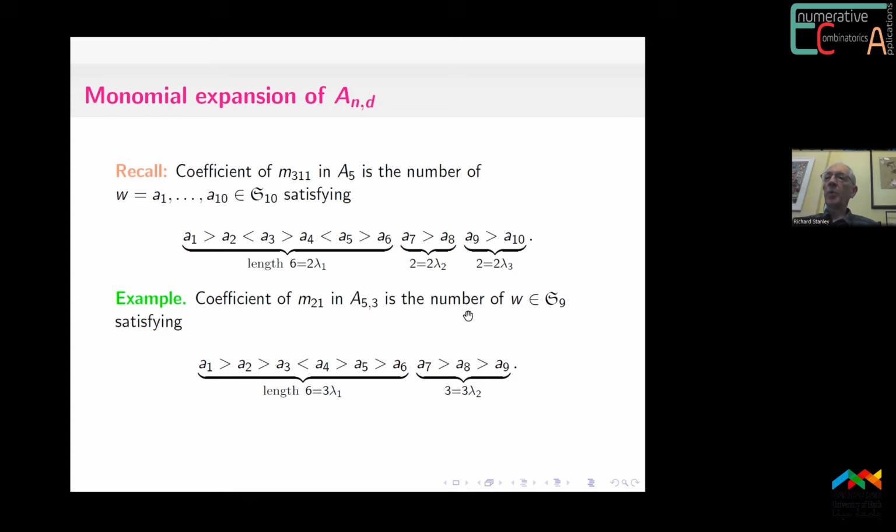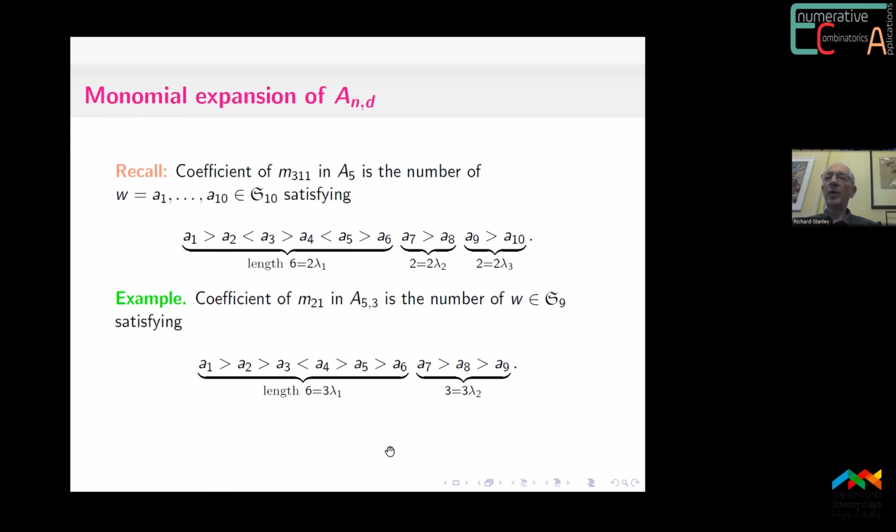So you want permutations in S_9, because here d equals 3. So we take a permutation in S_9 whose ascents occur only in the multiples of d positions. So here, just after a3, there has to be an ascent, descents everywhere else. We break it up into these pieces of length 3 times 2 and 3 times 1.